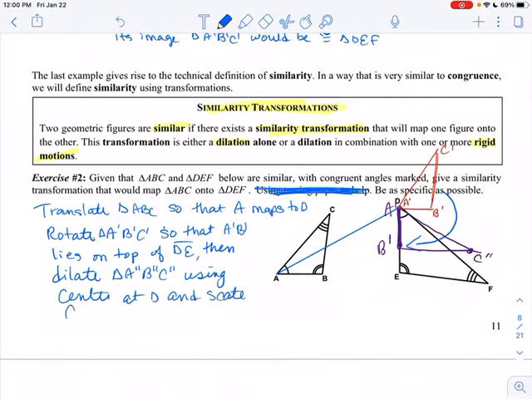Now I don't have actual numbers, but that's okay. My scale factor is going to be DE over AB, image over pre-image. DE is what I want it to be, and the pre-image is AB, what it was. All right, so that's pretty much how these work.